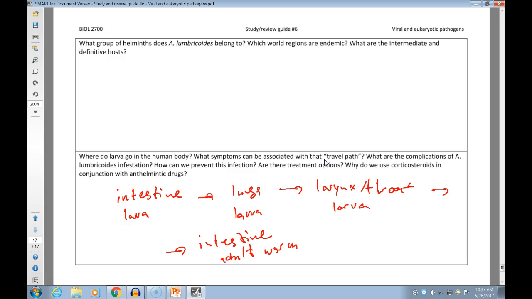How can we prevent? Stop using human feces as fertilizer. There are treatments. Generally, why do we use corticosteroids in conjunction with antihelmintics? Helminths do what with the human immune system? Suppress it. When they're dead, they do not suppress it, and we have massive inflammation. We have to use corticosteroids. Okay?